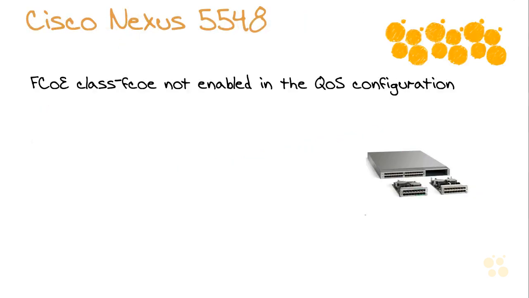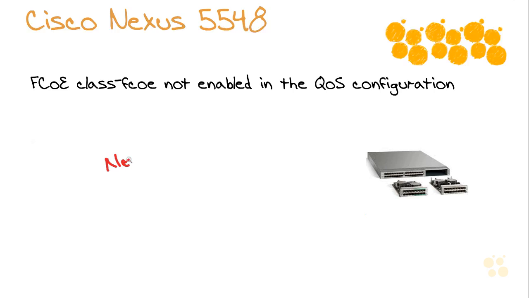Now, a frequent problem we see on the Cisco Nexus 5548 is that the class fiber channel over Ethernet system class is not enabled in the QoS configuration. Remember, before enabling fiber channel over Ethernet, you must include the class fiber channel over Ethernet in each of the policy types.